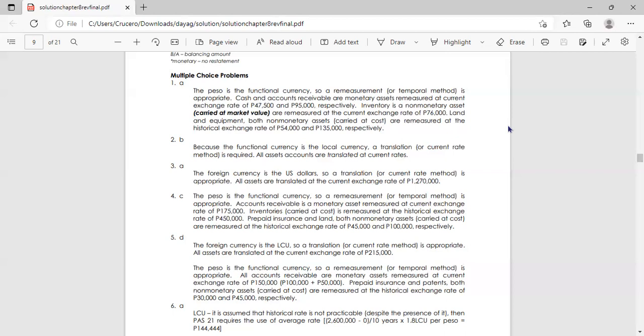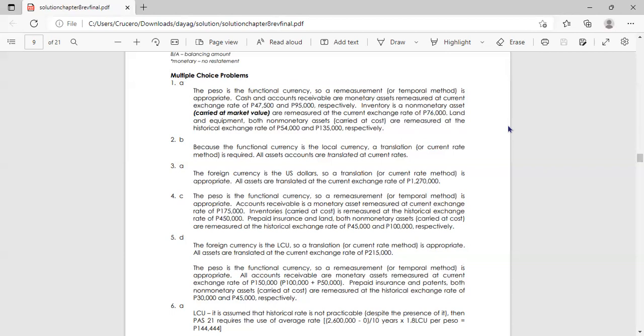So question number 3: what total should be included in the translated balance sheet at December 31, 20x4 for the above items? Assume that the local currency unit is the functional currency.